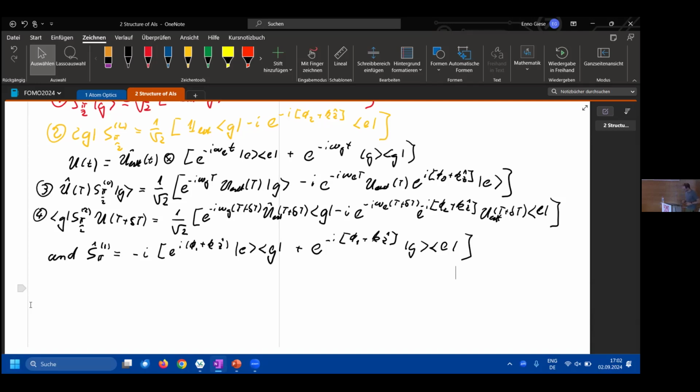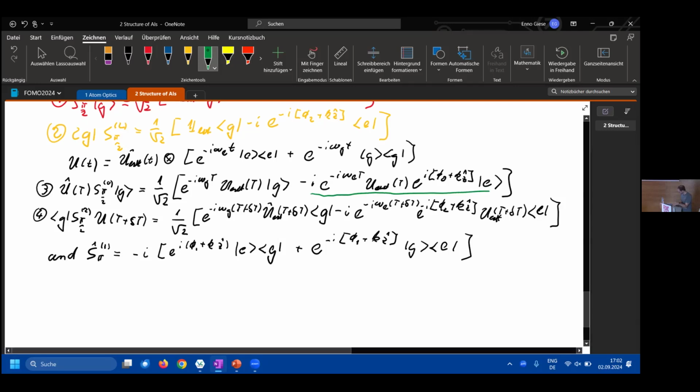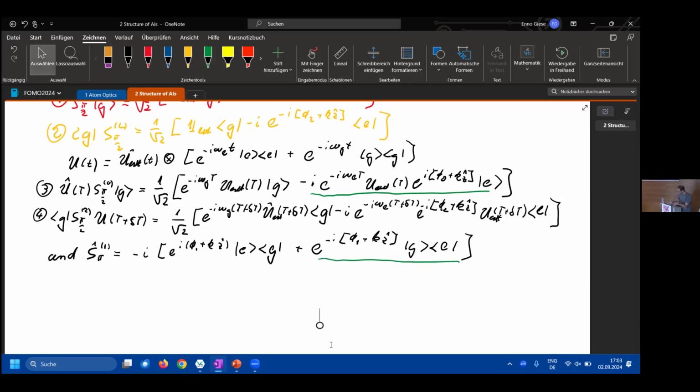So when we now take the sandwich, what do we do? Let's just go through it. Let's just say, okay, we take this contribution here from the right, all of this. We have to multiply it with this contribution here because this goes from the excited state to the ground state.